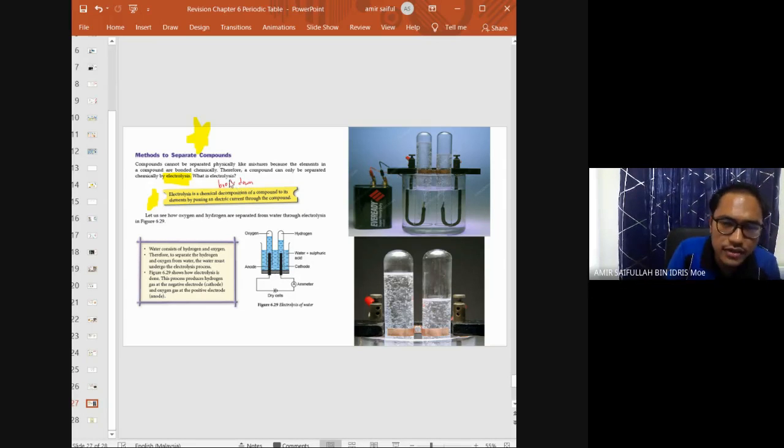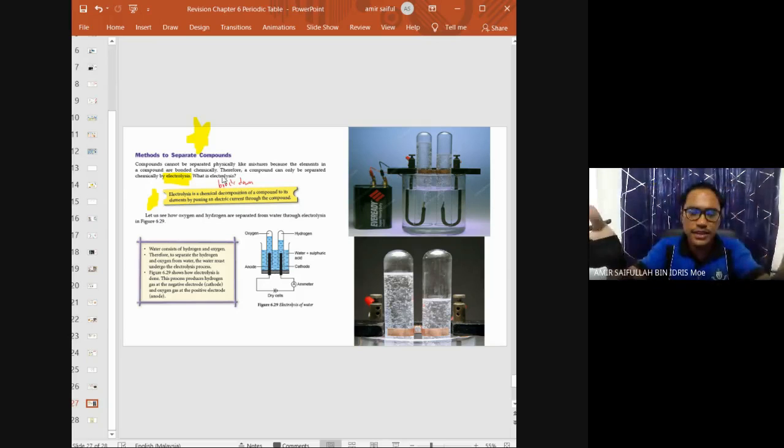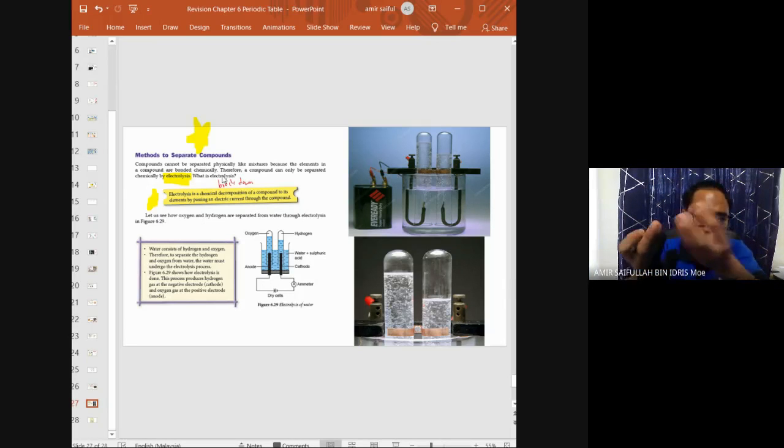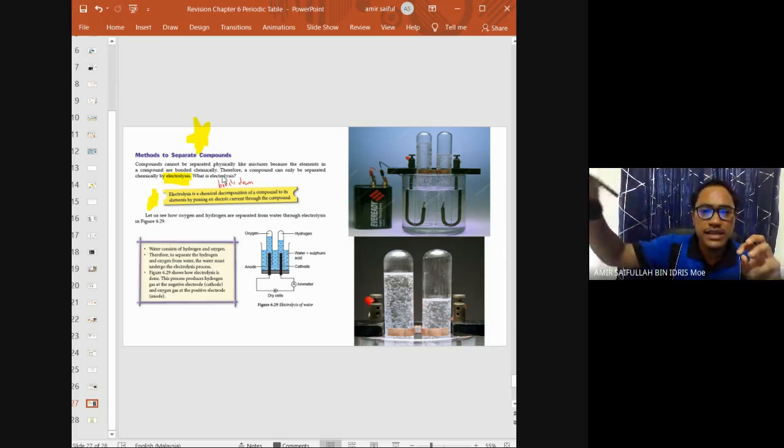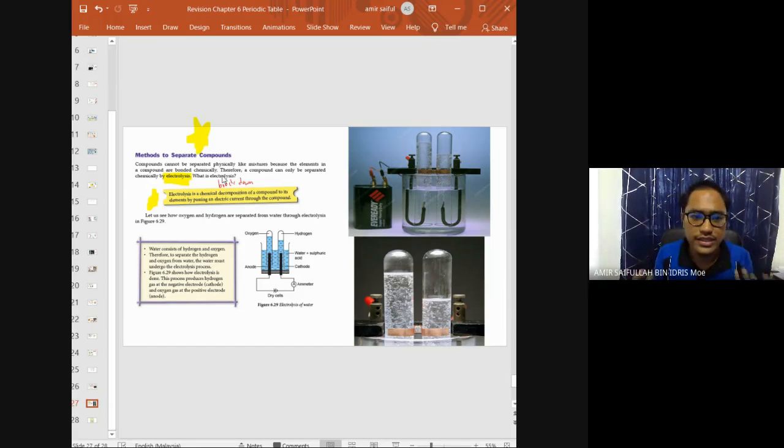Decomposition is breakdown. We want to break the compound into its elements. By how? Passing an electric current through the compound. So that is electrolysis.